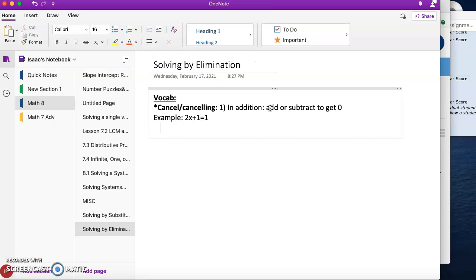If we were to subtract 1 from both sides, we could say that those two 1's right there cancel. We could say this one and that one cancel, so we could just cross them out because they'd be 0. And then we'd get 2x equals 0. And really the same thing for the one on the other side as well.